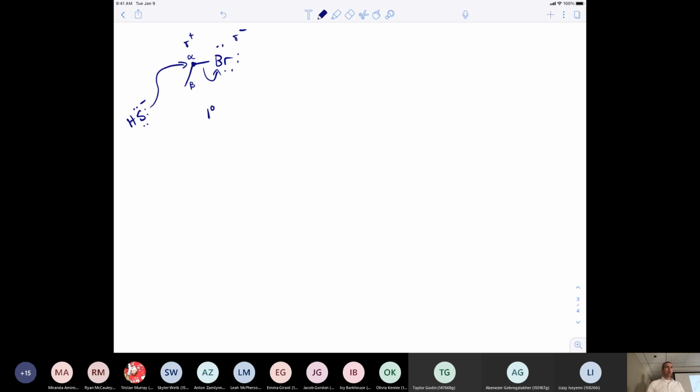So one of the lone pairs on HS becomes a new S-C bond, and the C-Br bond breaks and the pair of electrons goes to the bromine. Are there any other bonds there that I didn't show on that alpha carbon? Yeah, 2 hydrogens, right? Let's draw them in. Hydrogen, hydrogen back there. So what happens is this reaction happens.